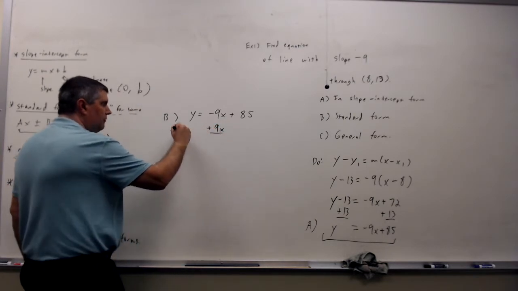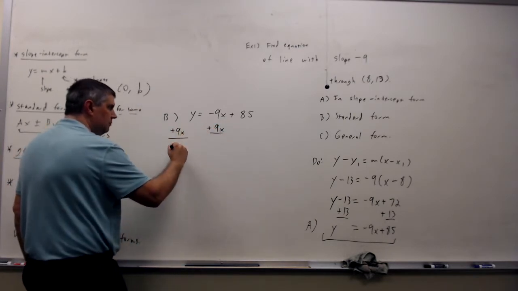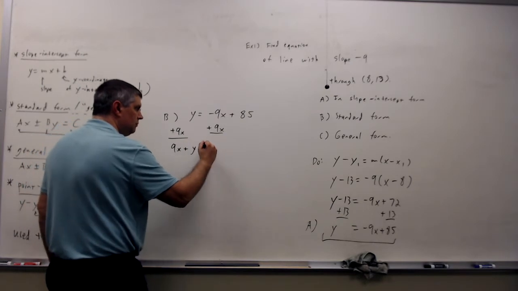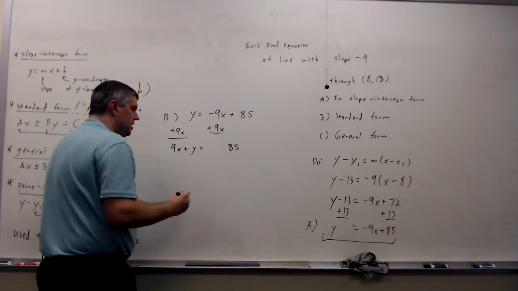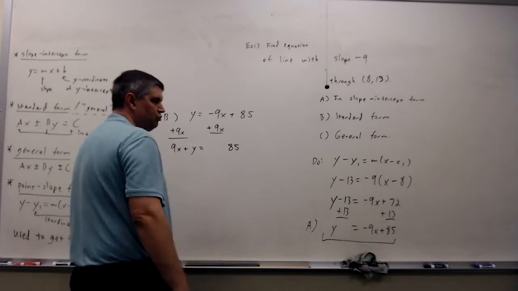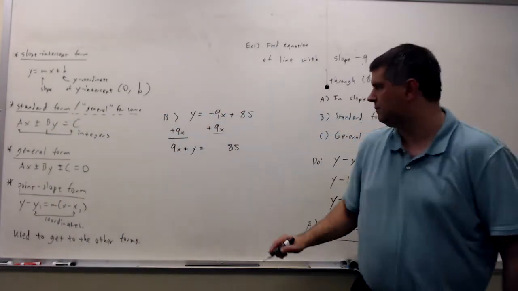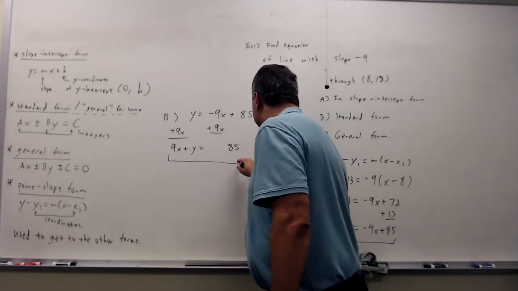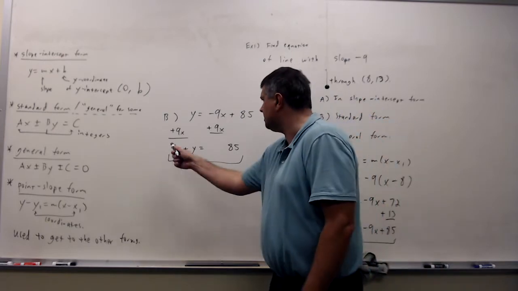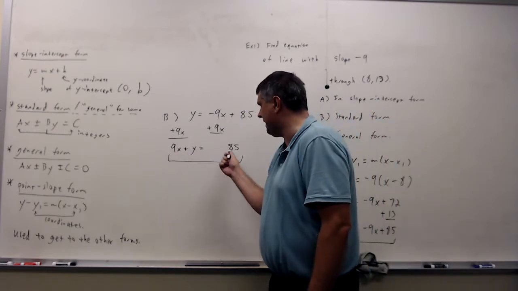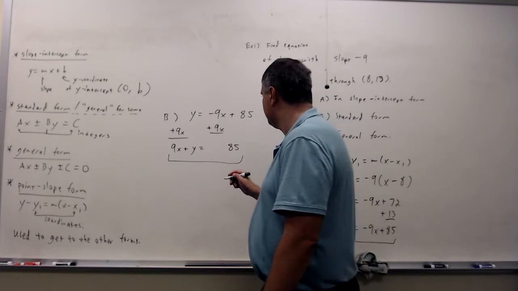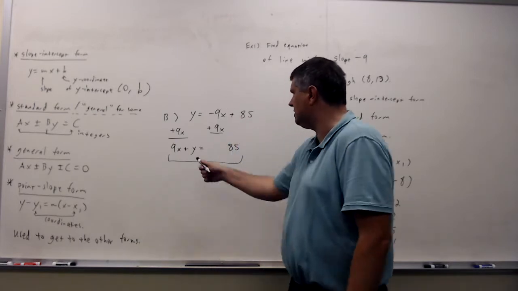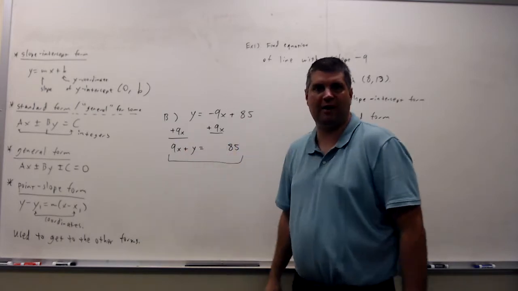And I will put it in front of the y term. Done. I have 9x plus 1y equals 85. Okay, 9x plus 1y equals 85.